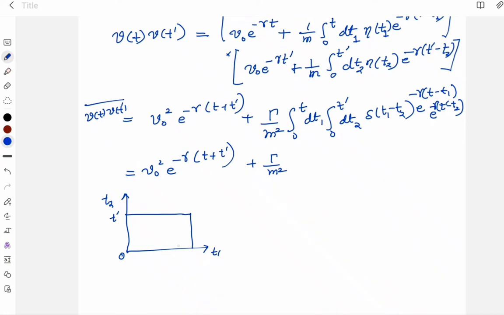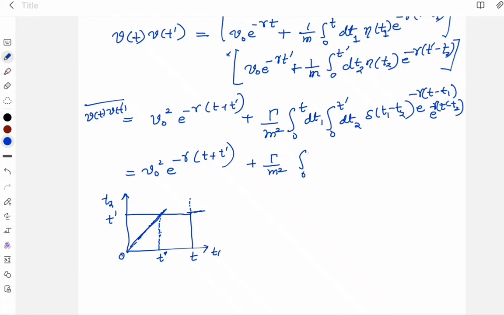The delta function means that t1 is equal to t2. If you do the t2 integration first, the delta function will hit only up to this point, so t1 will go up to t' only.